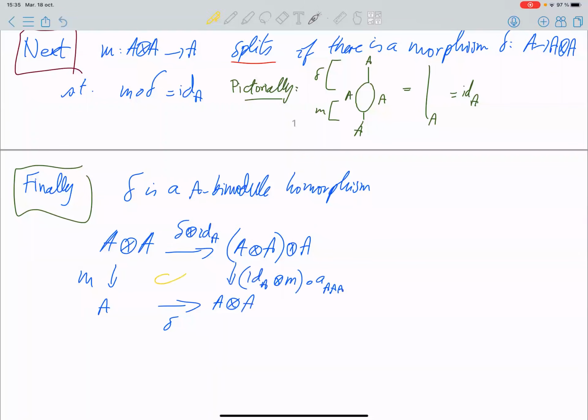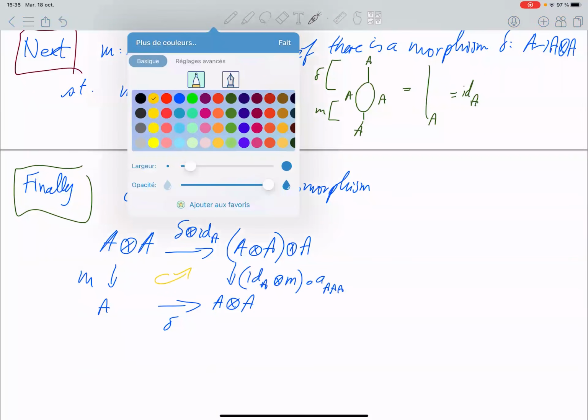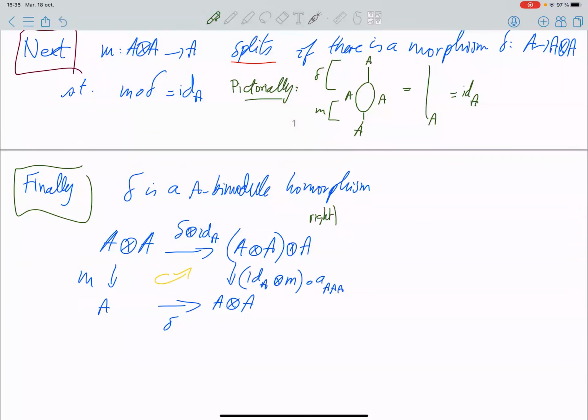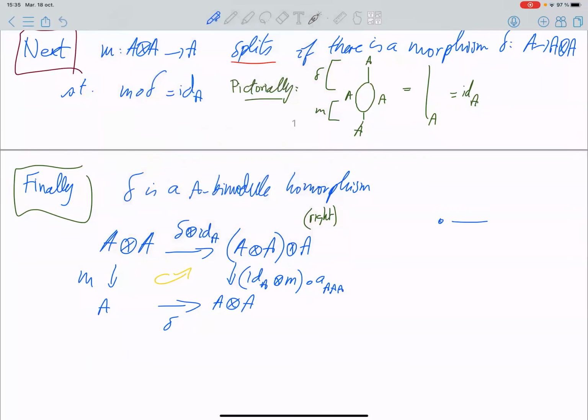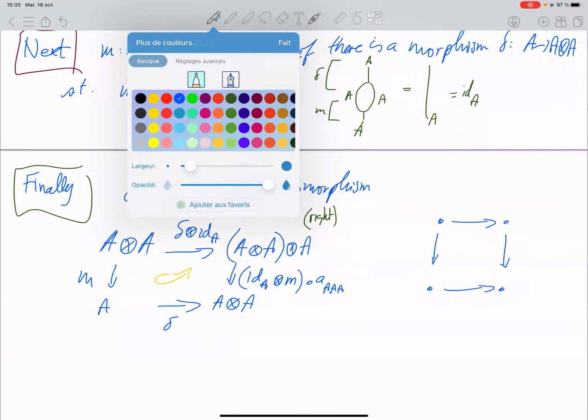We want this diagram to commute. This is for the right case, and you have the same for the left case. I will not draw the diagram in detail, just you have a similar diagram for the left case, like that.